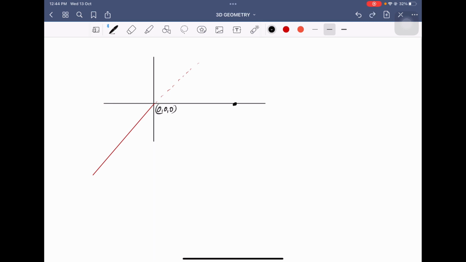The best points could be 1, 0, 0, then 0, 1, 0, and 0, 0, 1. To find the equation of the x-axis, we can use the two-point form. I will use the origin and the point. So (x minus 0) divided by (1 minus 0) equals (y minus 0) divided by (0 minus 0) equals (z minus 0) divided by (0 minus 0). So this is x by 1, y by 0, z by 0.